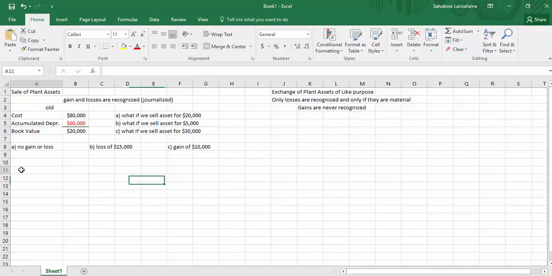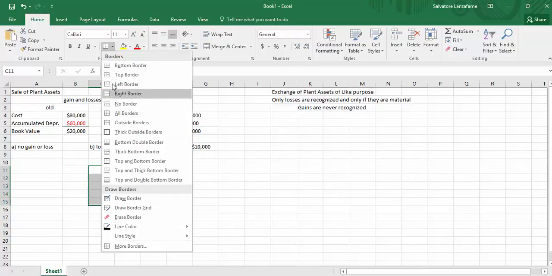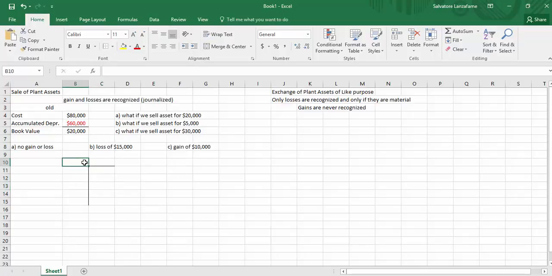So let's take a look at the journal entries that are associated with this. So what might be helpful is maybe before I even do the journal entries, let me make some T accounts here, okay? And these T accounts are pretty much going to be standard no matter what the scenario is that I throw at you. The common denominators are going to be these T accounts.